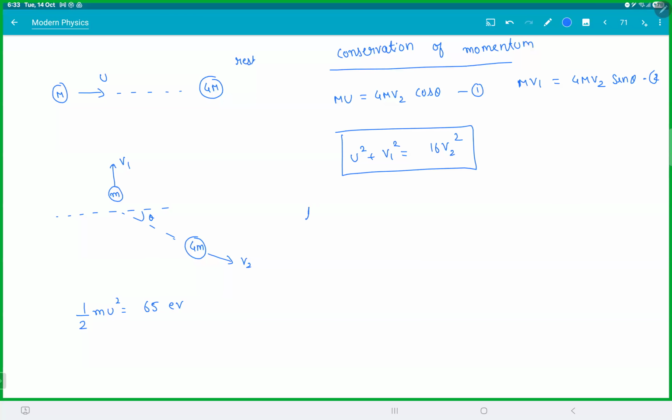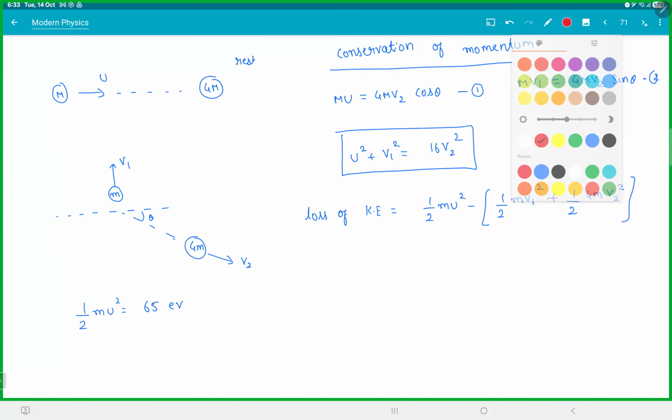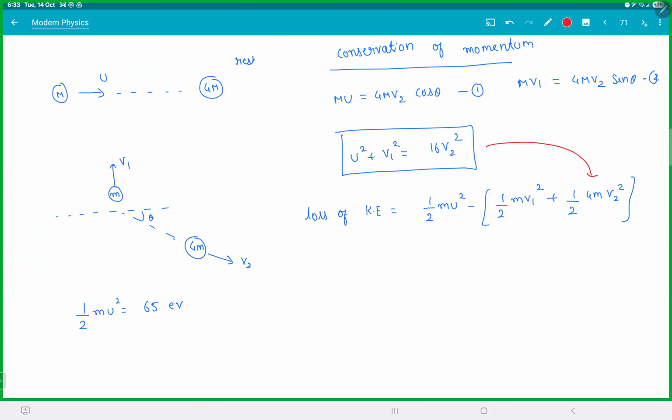Now, what is the loss of energy? Loss of kinetic energy will be half mu square minus half mv1 square plus half 4mv2 square. Take this thing and dump it in this. Now this loss in kinetic energy becomes a photon, right?